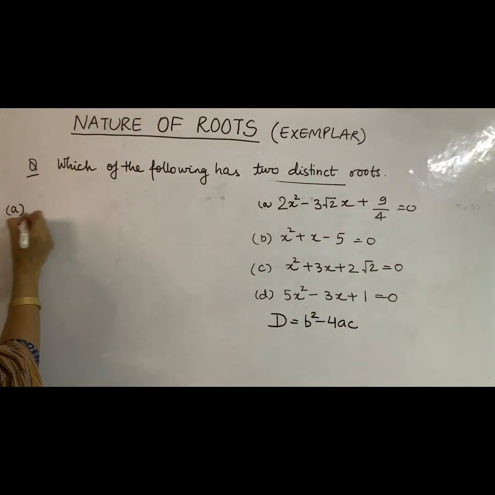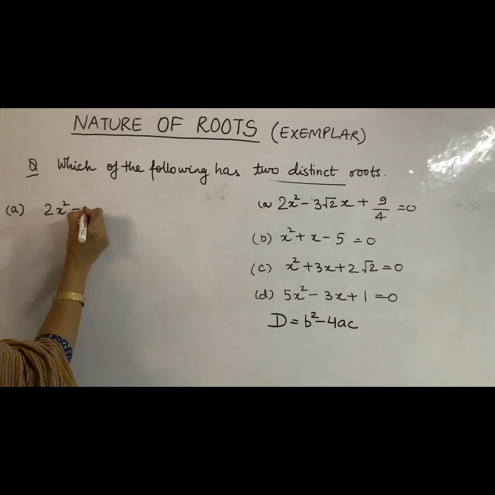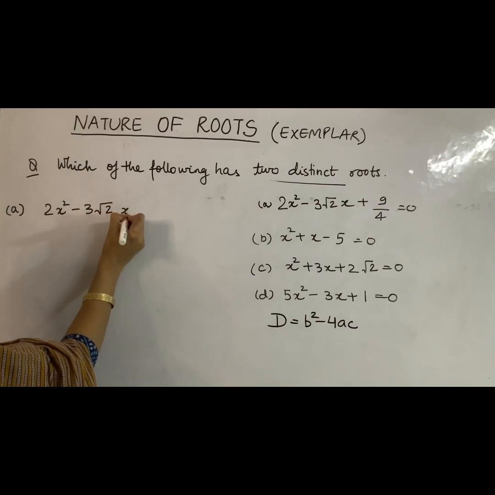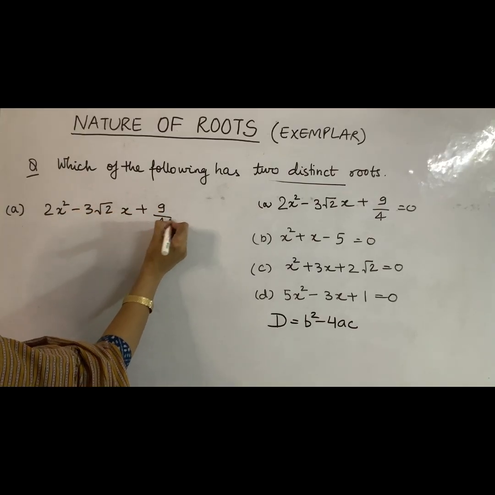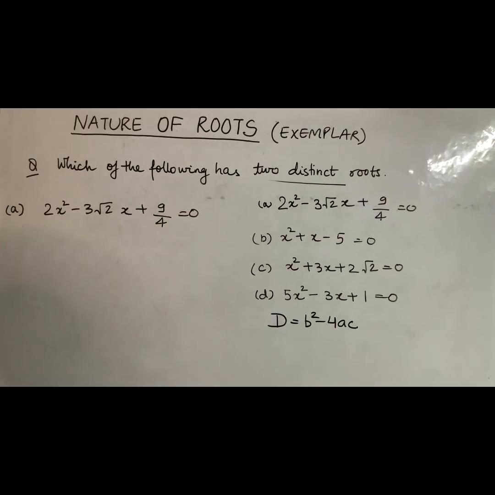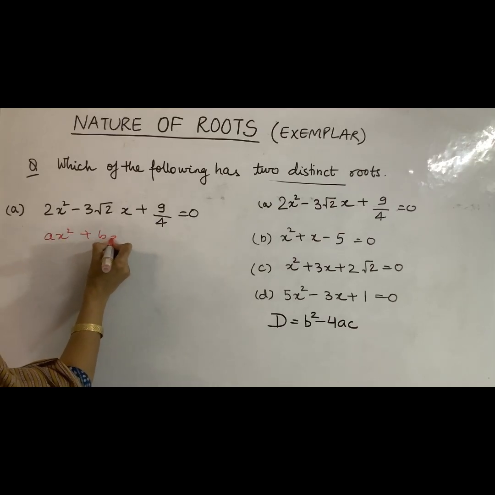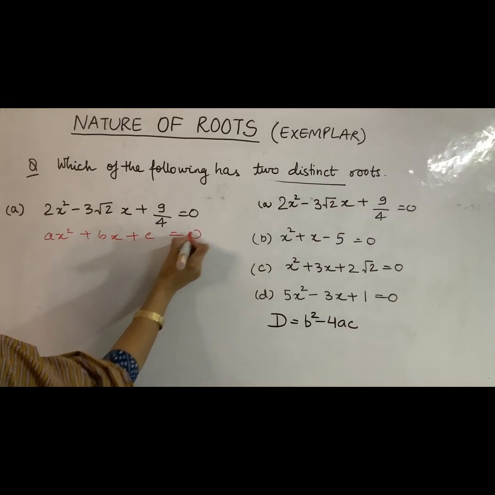Let us find out the value of D for each of these equations. If I take up the first equation, 2x square minus 3 root 2x plus 9 upon 4 is equal to 0, let us compare this with ax square plus bx plus c is equal to 0.